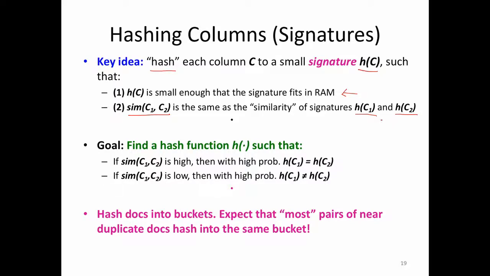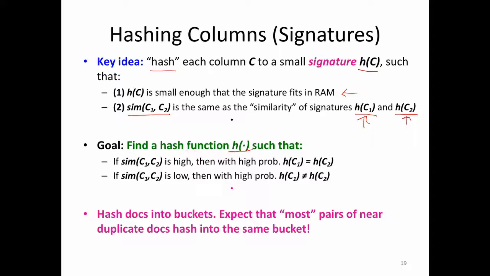More importantly, note that when I say this hash function h, we are going to have a randomized hash function here, just like we have seen in the previous applications also. Now in what sense must this signature h of c1 and h of c2 preserve the similarity sim of c1 comma c2?